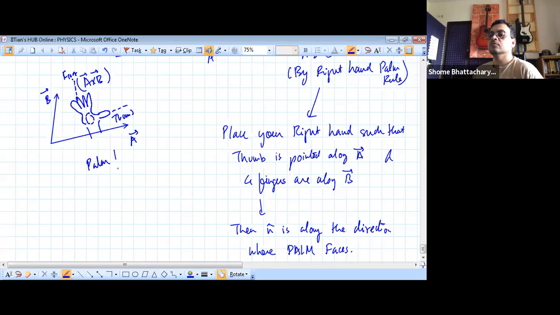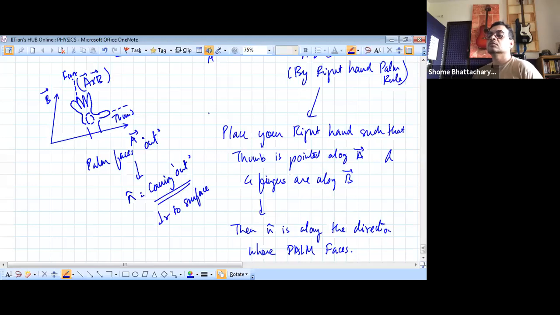So palm faces out of the screen. So what is the direction of n cap? It is coming out of the plane, coming out perpendicular to the surface. So this is an example of how we use the right hand palm rule.